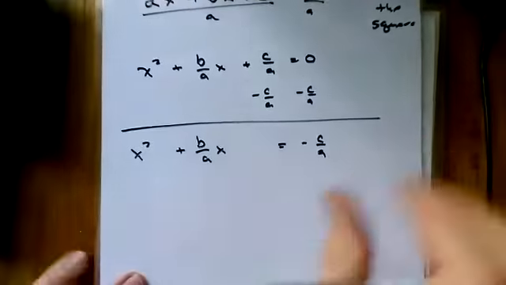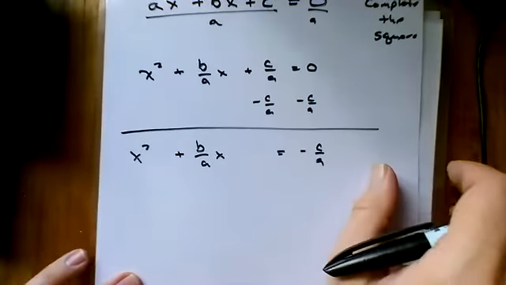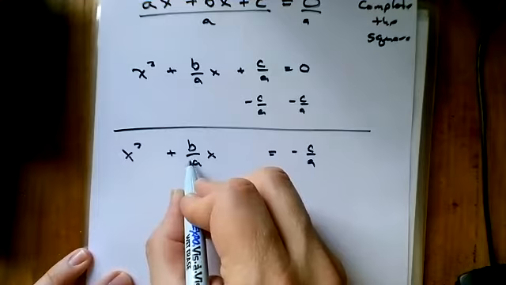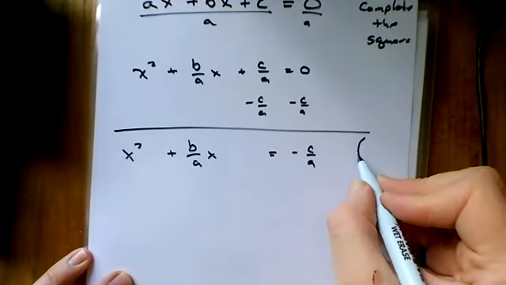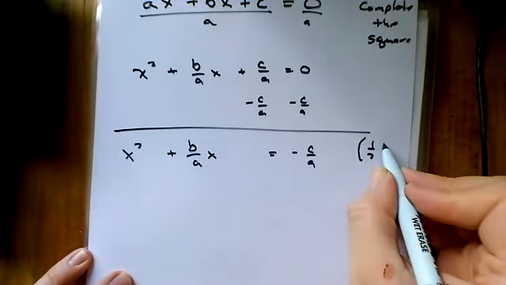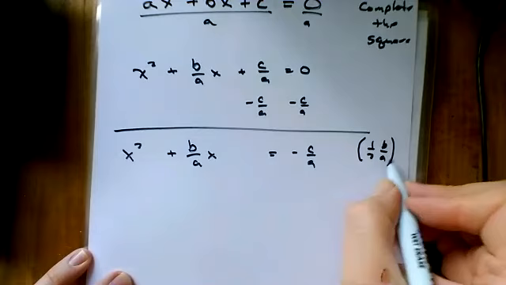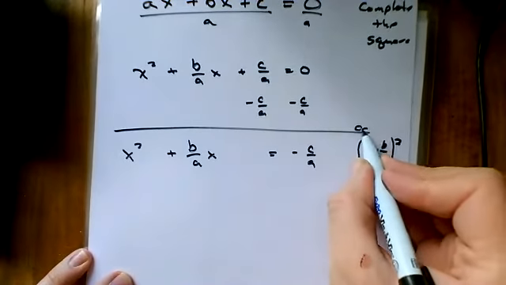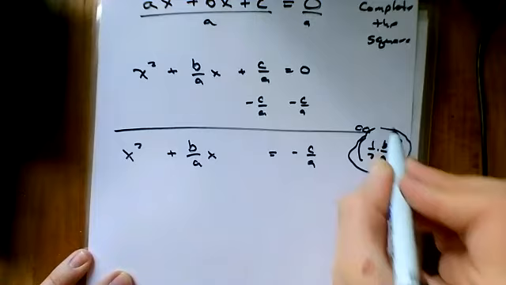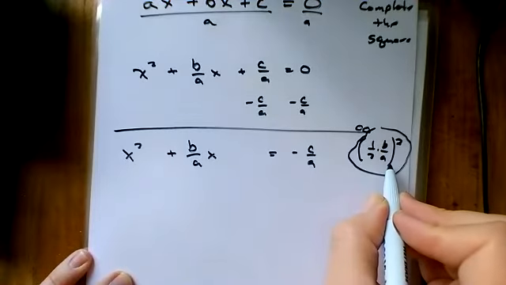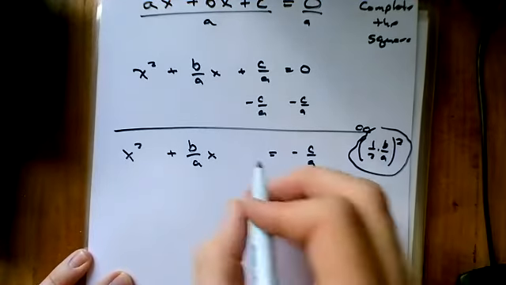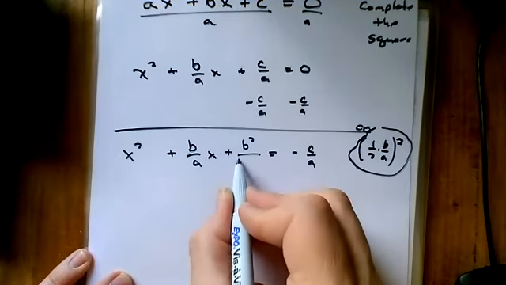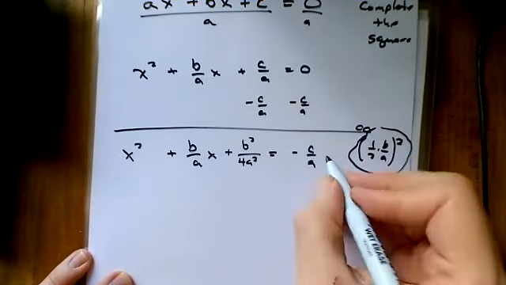So we're now ready to kind of complete the square. And remember, what we're going to do is we're going to take half of this middle term, so 1/2 of that b over a, and we're going to square it. So this is part of where this is coming from. We're going to add this to both sides. So when I square, that's going to be plus b squared over 4a squared.